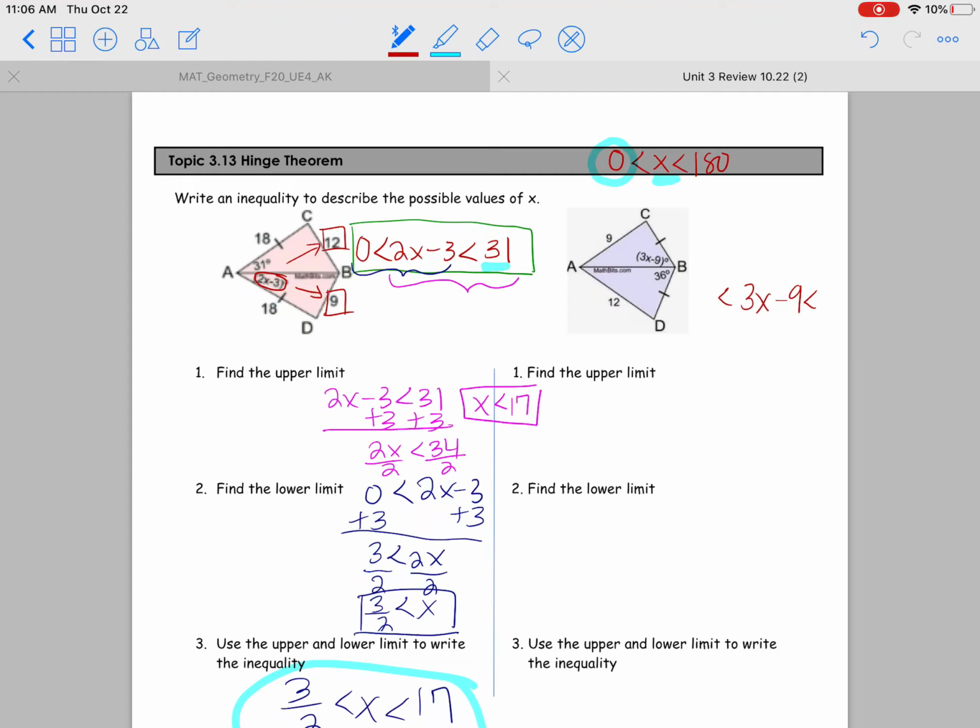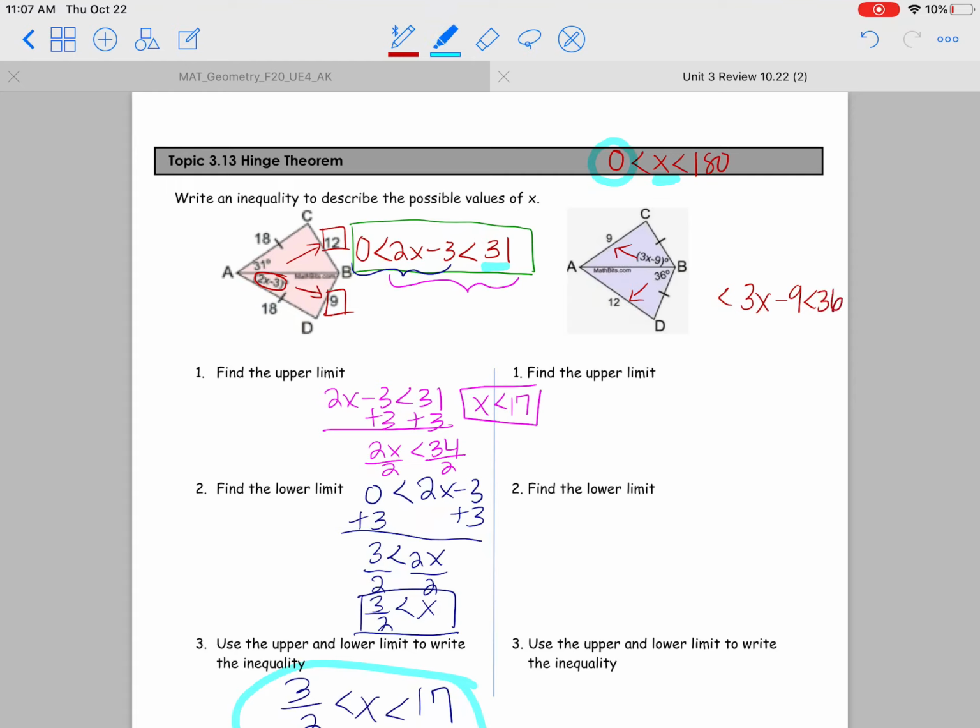So we have to find if 3x minus 9 will be less than 36 or greater than 36. And what we use is we look at the opposite sides. So because 3x minus 9 is opposite to the side length 9, then 3x minus 9 has to be less than 36. So 36 will be my upper bound.